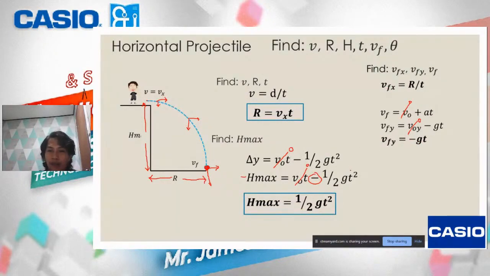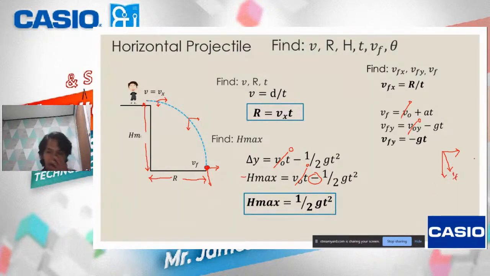And notice na pwede natin makuha ito using our Pythagorean theorem. So, if I am to draw vfy, parang ganito siya. At this point, ito naman yung ating v of x. Yan. So, ang ating vf or final velocity is parang ganyan. Parang yan ang ating value of vf.